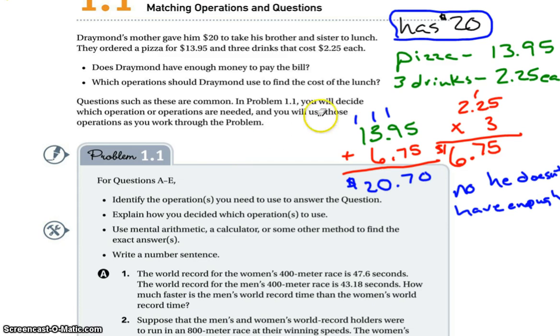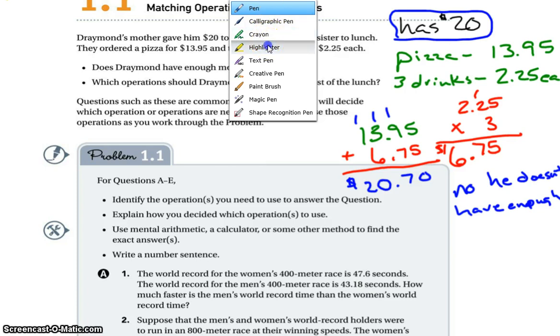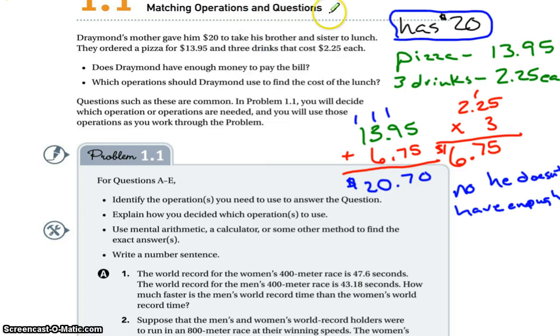All right. So there are a few things that I used when I was working in this problem to decide what I needed to use. The first was the numbers. I needed to know this number because this is how much he has. I also needed to know that there was 1 pizza for 13, and I needed to know this cost for the drinks, but I also needed to know that they ordered 3 of those.